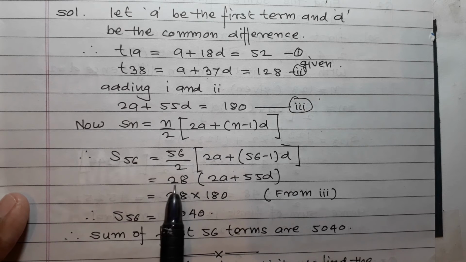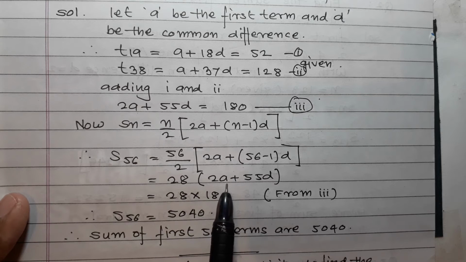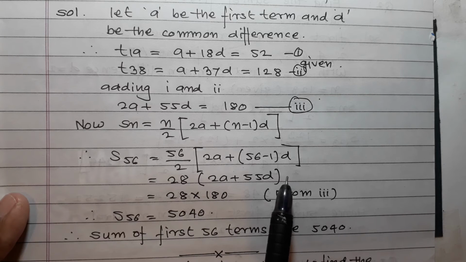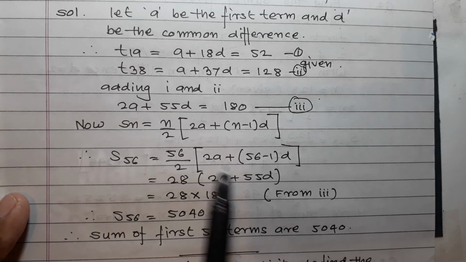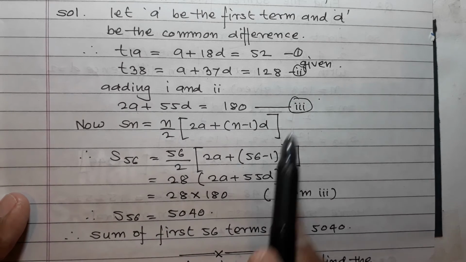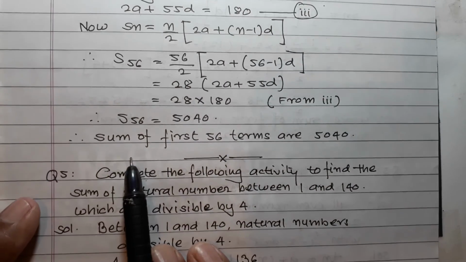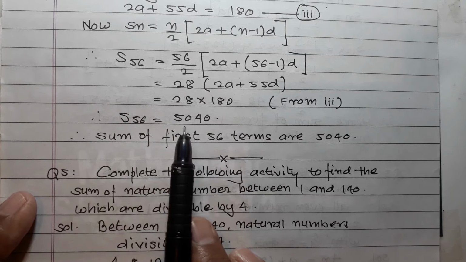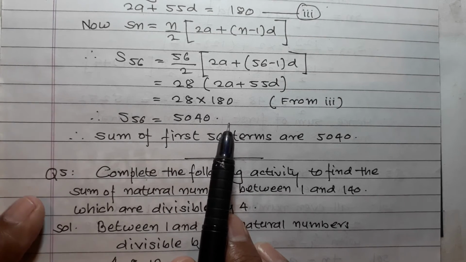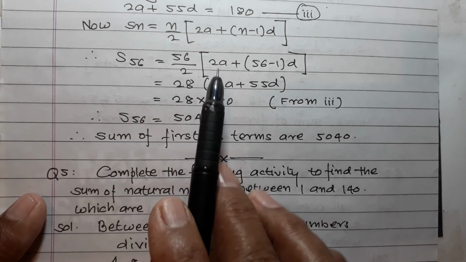So this is equal to 28 into bracket 2a plus 55d, and you know 2a plus 55d from equation 3. Therefore substitute this value here, and S56 is equal to 28 into 180, which is 5040.